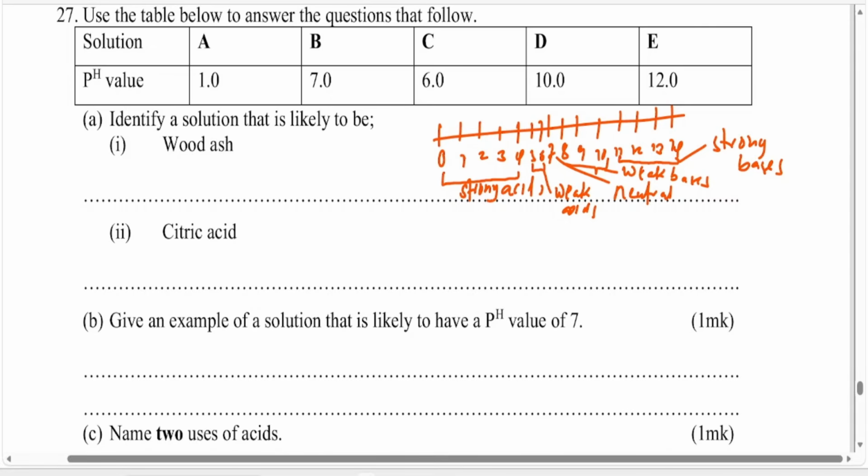So a weak base will range between, as I've said, 8 to 10. So in this case, D will represent a weak base.